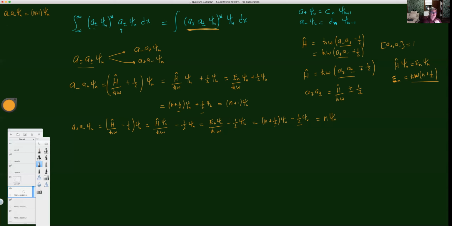Okay, so now I know that a plus a minus psi n is just n psi n. Now notice again, same thing. This lowers my state psi n to psi n minus 1, but then a plus raises it back up to psi n, which is why we have a psi n over here. Okay, well, we have this factor of n sitting out front.